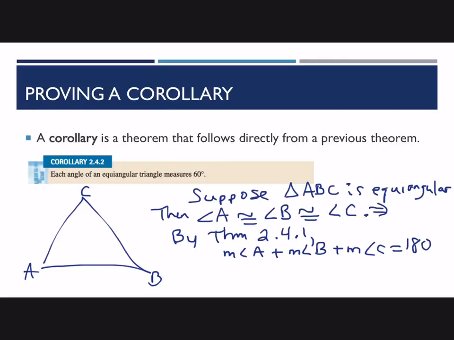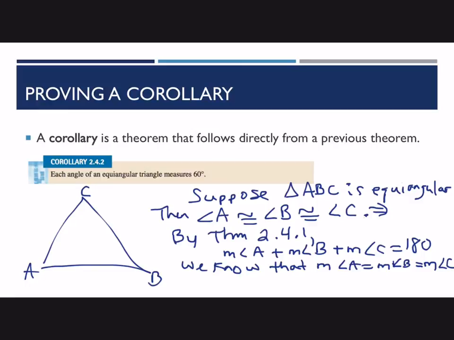Okay, that's the definition of congruence. So we know, by definition of congruence, that the measure of angle A equals the measure of angle B equals the measure of angle C.